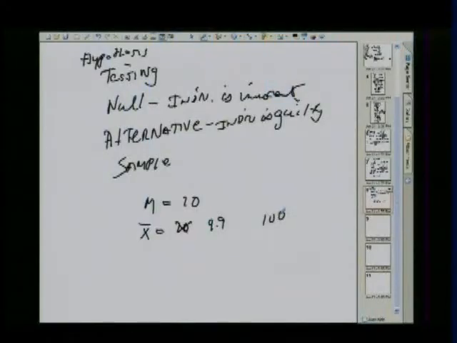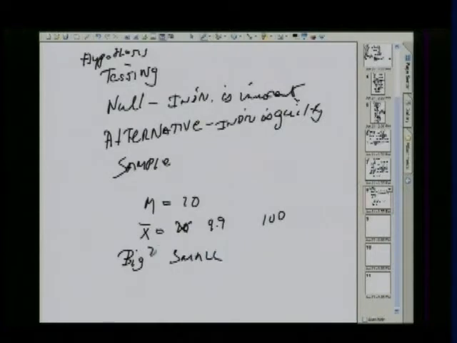So the big question we're trying to answer here is how much difference between those two values is okay? How much is a big difference, and how much is a small difference?